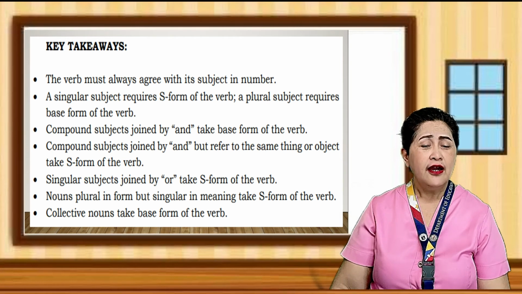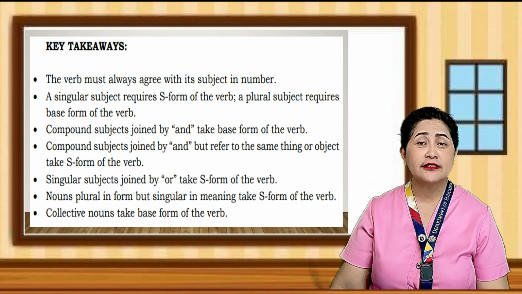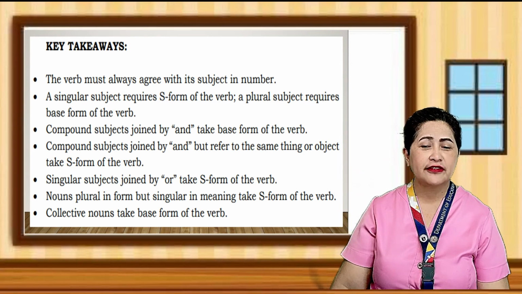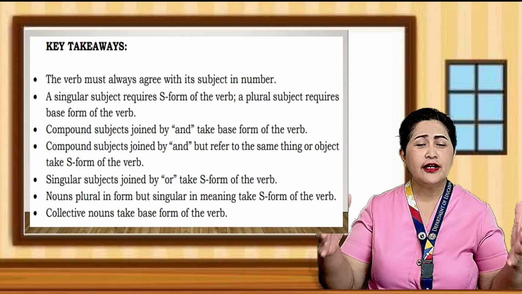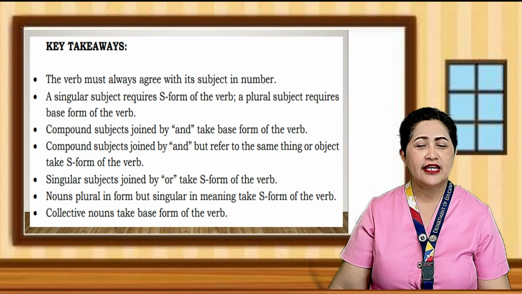Number 3, compound subjects joined by and take base form of the verb. Next, compound subjects joined by and but refer to the same thing or object take the S form of the verb. Next, singular subjects joined by or take S form of the verb.